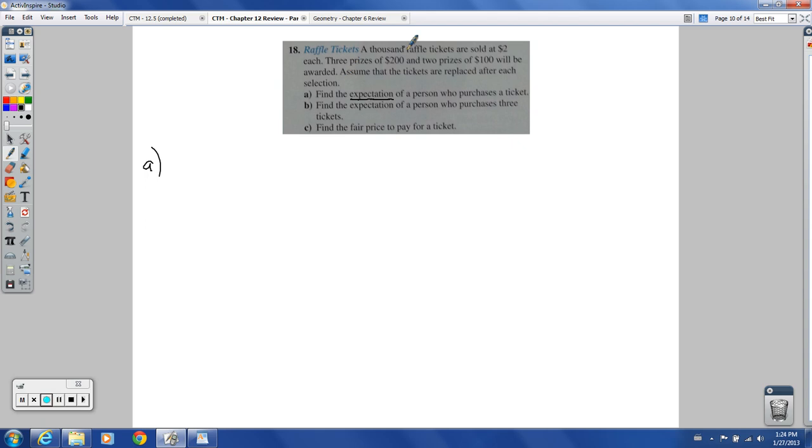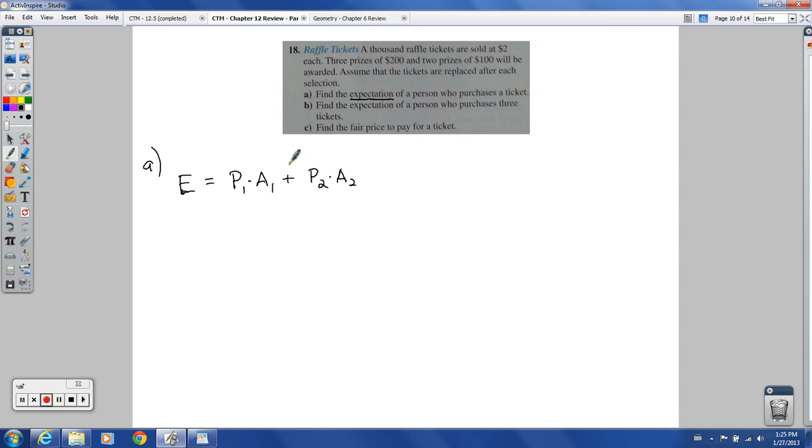What would happen here? So with expectation problems, we have E standing for expectation. We're doing this sort of thing: probability of one event that could happen times the amount that you would get from that happening, plus a second thing that could happen, probability times the amount. In this case, there's going to be 3 different things that could happen. You could either win the $200 prize, the $100 prize, or nothing.